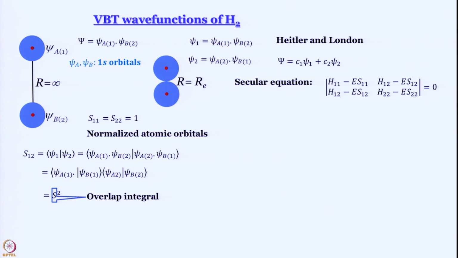Why is it called an overlap integral? Because if I just draw these 1s orbitals for you, let us say this is where A is. Its 1s orbital is an exponential decay, and since we have drawn 3D plots in the past, I hope it is okay if I draw on this side also.